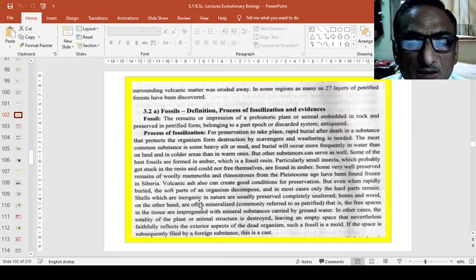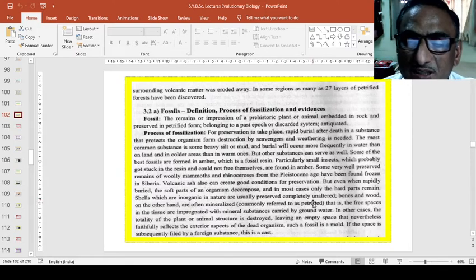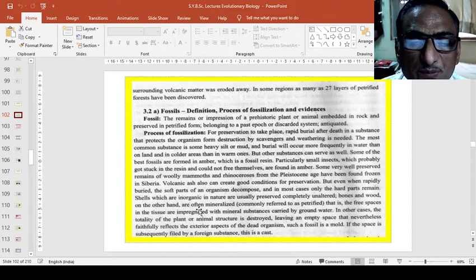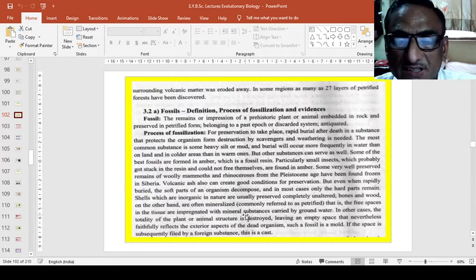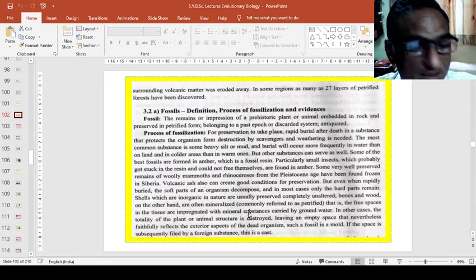Shells, which are inorganic in nature, are usually preserved completely unaltered. Bones and wood, on the other hand, are often mineralized, commonly referred to as petrified. That is, the free spaces in the tissues are impregnated with mineral substances carried by groundwater.